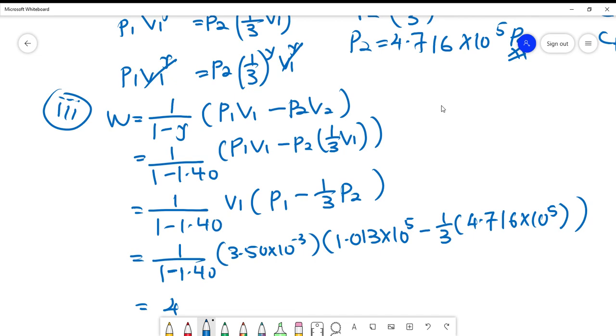Oh, I found it. This one should be gamma minus 1. Oops, wait. Is it gamma minus 1?